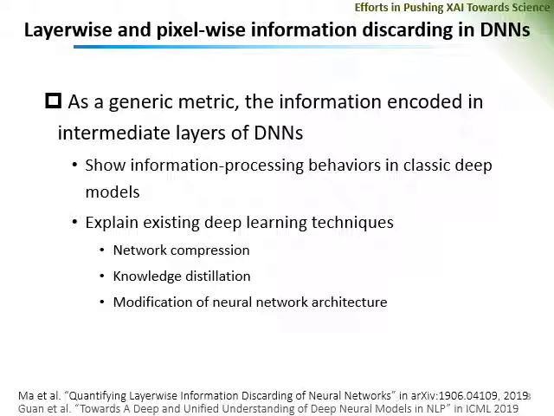We hope to measure the information encoded in intermediate layers as a general metric. We use this metric to show the information processing behaviors in deep models, and we use the metric to explain existing deep learning technologies, for example, network compression, knowledge distillation, and the modification of the architectures.